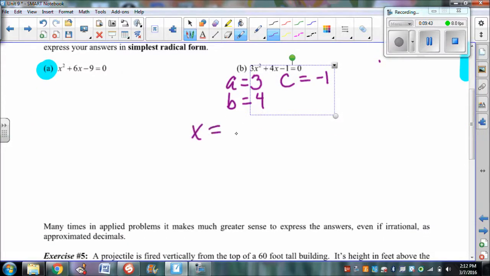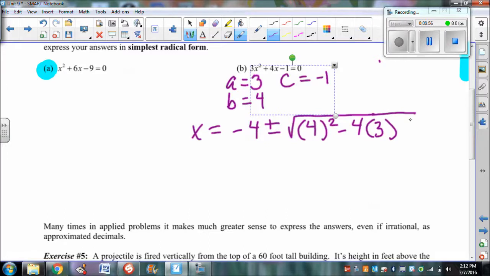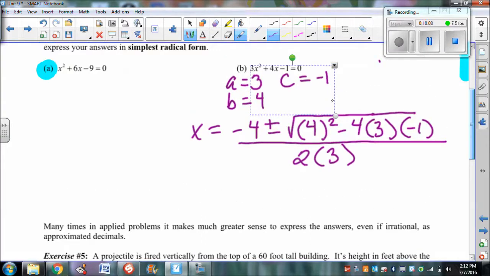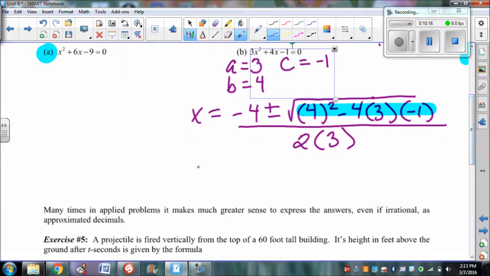So x equals negative b plus or minus the square root b squared, I'm going to put my b in parentheses, minus 4 times a times c, all divided by 2 times a. Okay? So you list out your a, your b, and your c, you do your substitution, and then you grab a calculator for what is underneath the radical. Just what's underneath the radical. Don't put the radical in the calculator yet, okay?